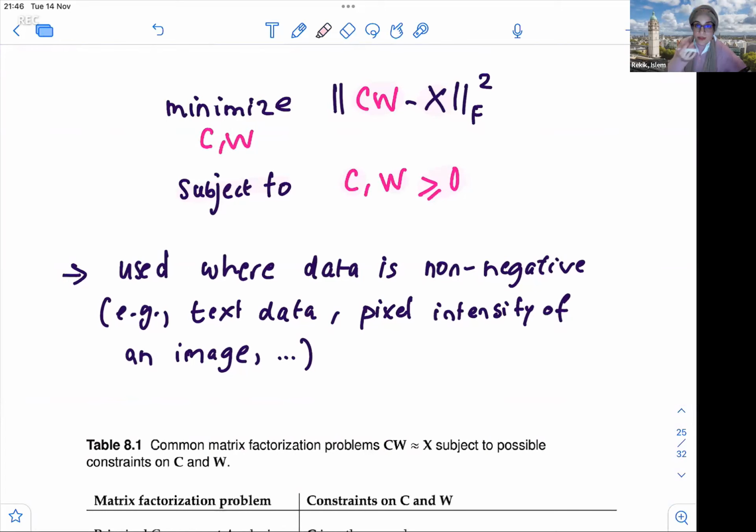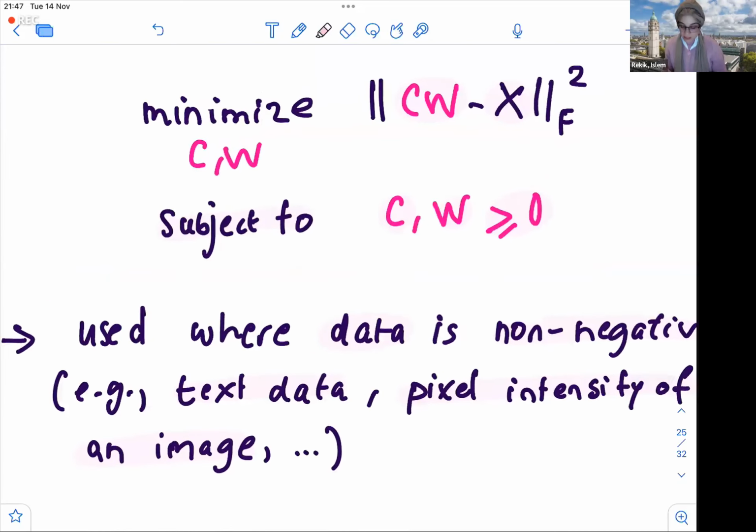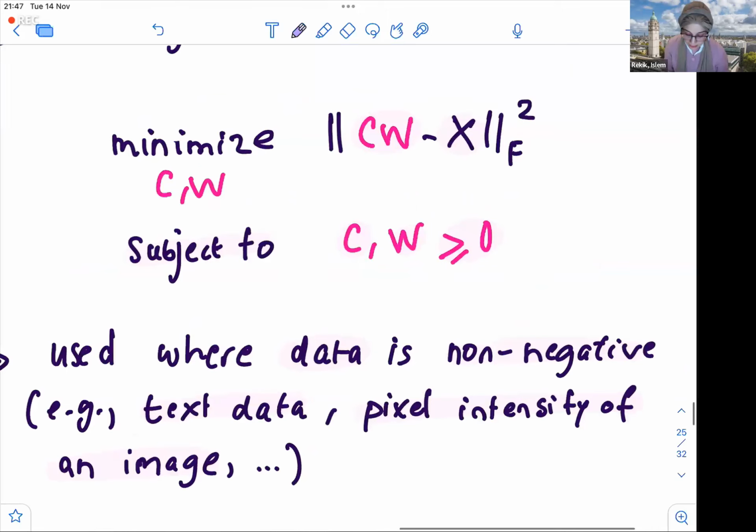It's used also for the matrix completion that we had in the recommender systems. It means that the data is non-negative, for example, text data or pixel intensity of images. So the data is not negative, and you cannot allow these to be negative. Both of them need to be positive in your factorization.